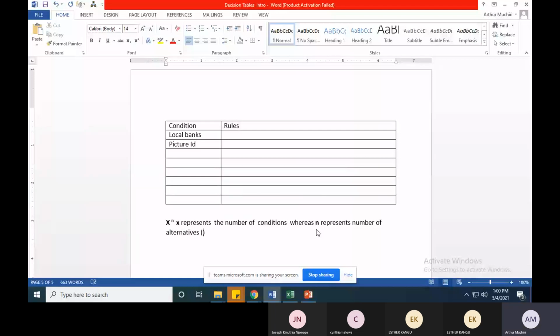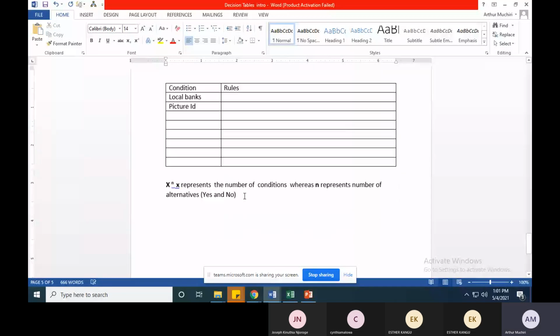And of course, we usually have 2 alternatives. We have yes, no. Those are the 2 alternatives that we have for our condition. So if, for example, there are 2 conditions, by default we usually have 2 alternatives, that is yes and no.